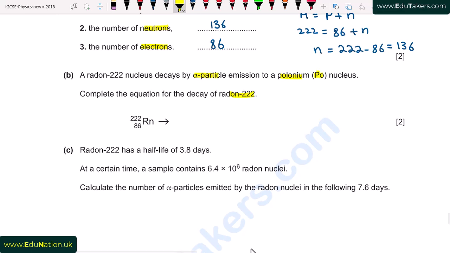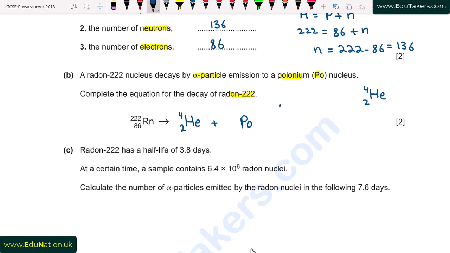Alpha particle is basically the helium nucleus, and it is represented by He, 4 and 2. So when I write it emits alpha particle He, 4 and 2, plus there will be polonium. I don't know the atomic number and mass number of the polonium, so we need to balance the atomic number and mass number on both sides of the arrow.